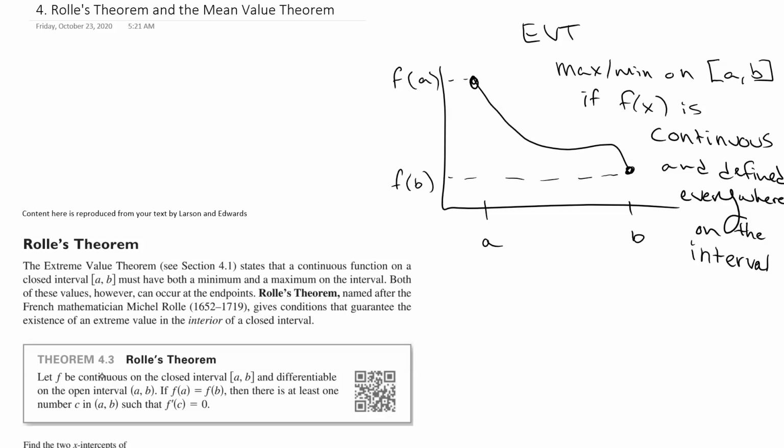So this is going to tell us about the characteristics of the graph, but also the behavior of the graph on an interval. Before we were talking about overall y values on an interval, including the endpoints. Now we're going to be talking about the interior of the interval using some information from those endpoints.